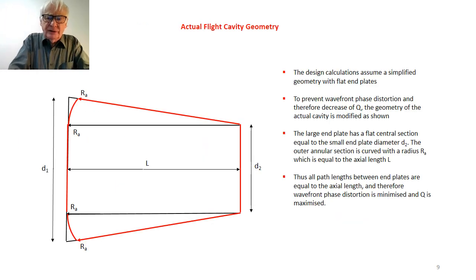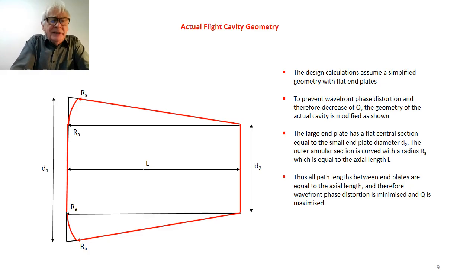So, as I'm sure you've all noticed, the spreadsheet calculation that we've been talking about makes a rather significant assumption that the two end plates are flat. This is simply to make the calculation simple and possible using just a spreadsheet.